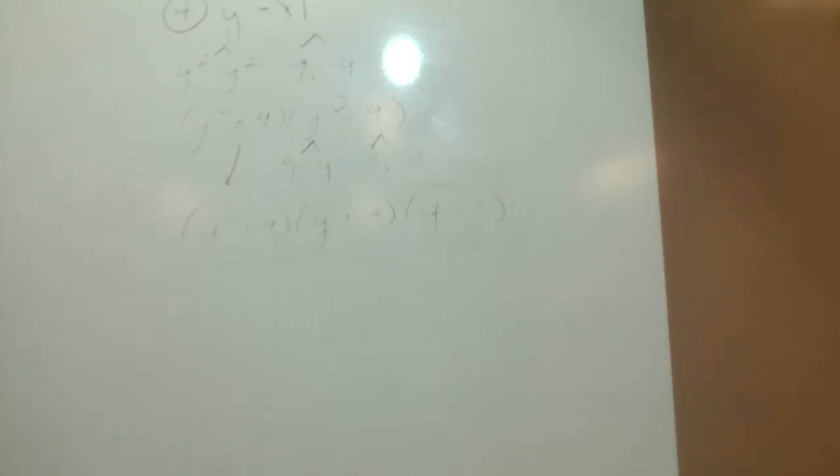So this comes down to y squared plus 9, then I have y plus 3, y minus 3. So it could happen where you can do differences of squares twice. You really need to check the problem. Once you think you're done, go through and check that.